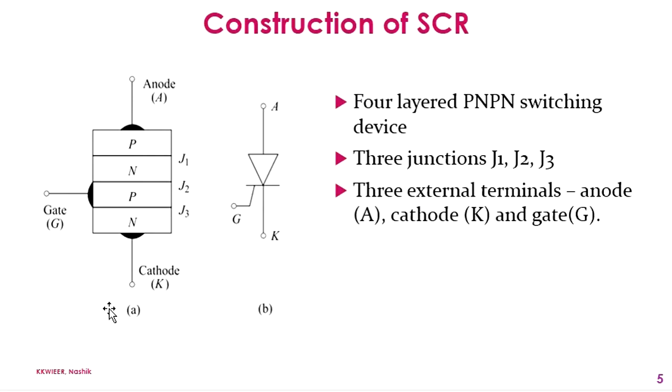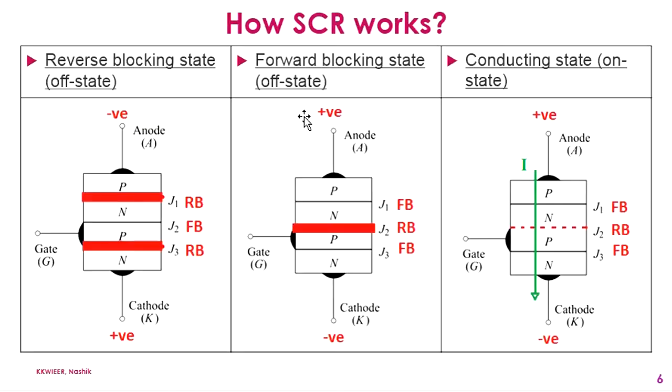The anode and cathode are connected to the main power circuit, whereas the gate terminal carries a low level gate current in the direction of gate to cathode. Thus, the gate terminal is normally provided at the P layer side, and this is also known as cathode gate. So this is about the construction of SCR. This is the symbolic diagram of the silicon controlled rectifier.